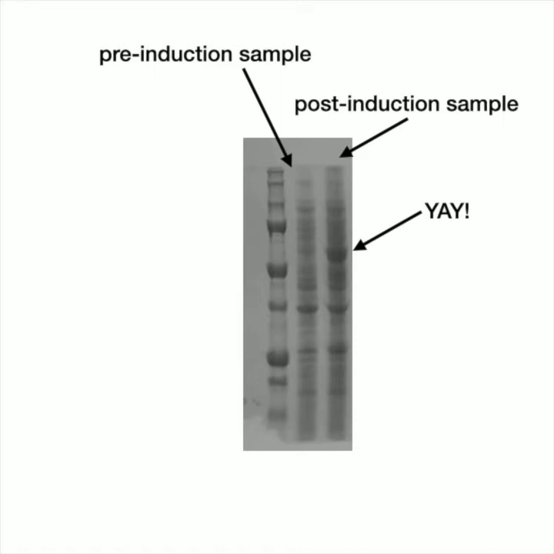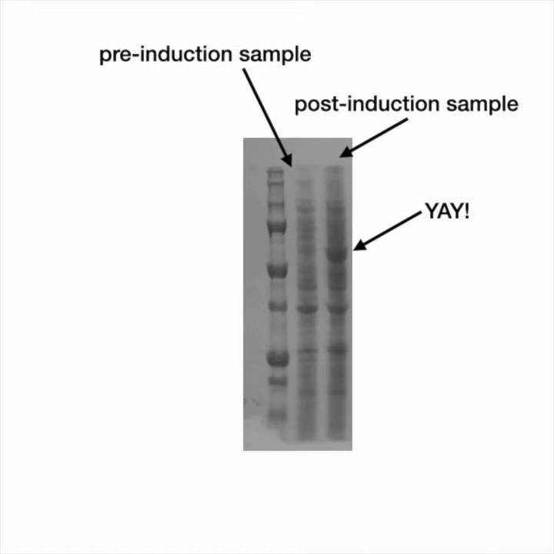And then you take a sample before you harvest the cells, before you go to spin them down, but after you've let them express the protein. Since you're overexpressing the protein, you should be able to see the presence of a new band at the size that you're expecting in your post-induction sample. So as you can see here, there's this nice band that's in the post-induction sample, but not in the pre-induction sample. So that's telling me that the protein was expressed.